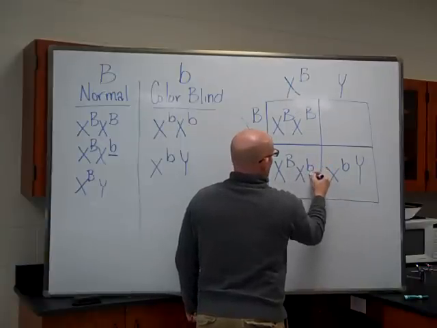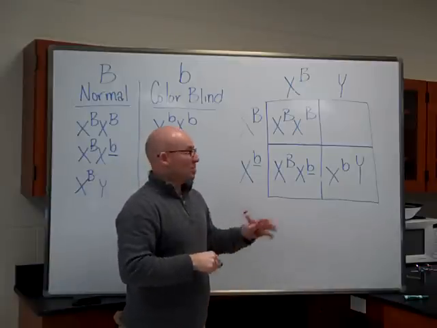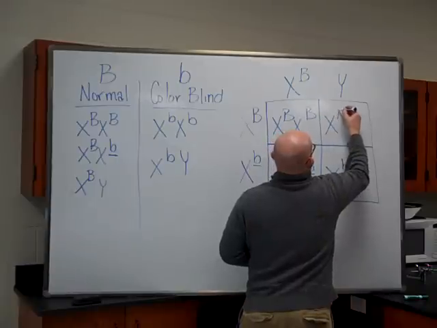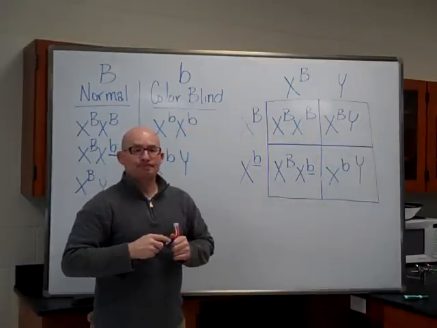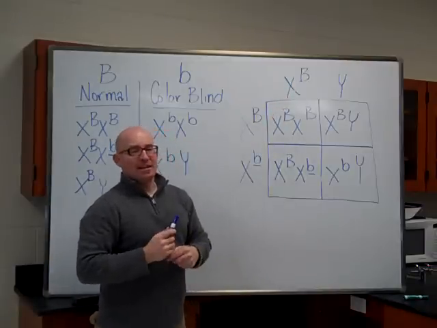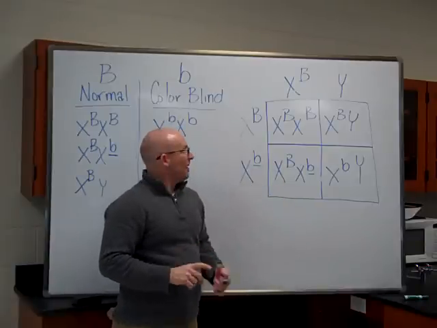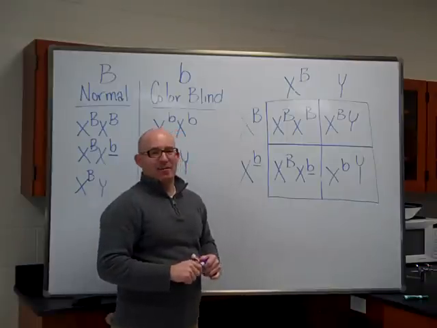So she would be a carrier, but a normal color vision daughter. So we start to see differences with this sex linkage. Now they also still have the probability of having 50% of their sons be normal color vision. All right? So if I have a normal dad, normal mom, in a sex-linked trait that is recessive, they can't have an affected daughter. They can have some carrier daughters, okay? But they can't have an affected daughter.